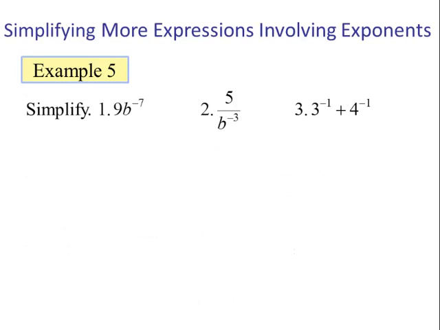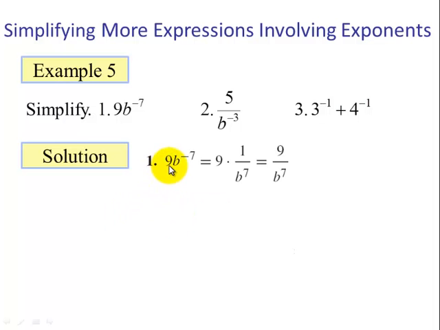Example 5. Simplify number 1, 9b to the negative 7, number 2, 5 divided by b to the negative 3, and number 3, 3 to the negative 1 power plus 4 to the negative 1 power. Solution: for number 1, the 9 is a base, b is a base.